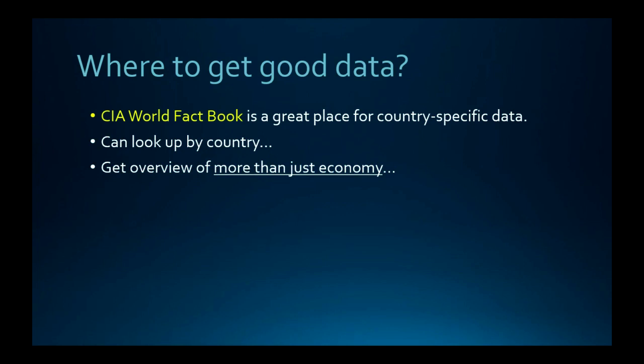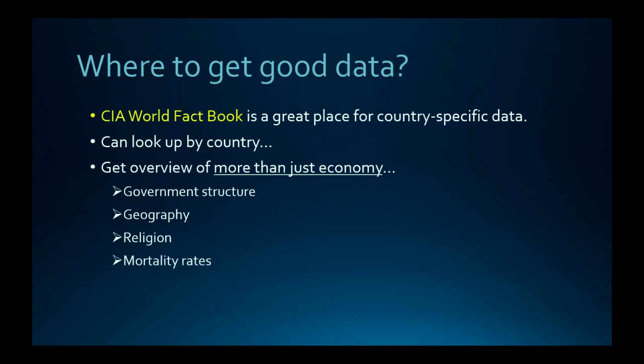You can get an overview of much more than just the economy, although they do a really nice job of summarizing economic information. For example, you can get information about the governmental structure and geography. They have a section on religion. You can get information on mortality rates and on access to clean water. Again, lots of different information. CIA World Fact Book.